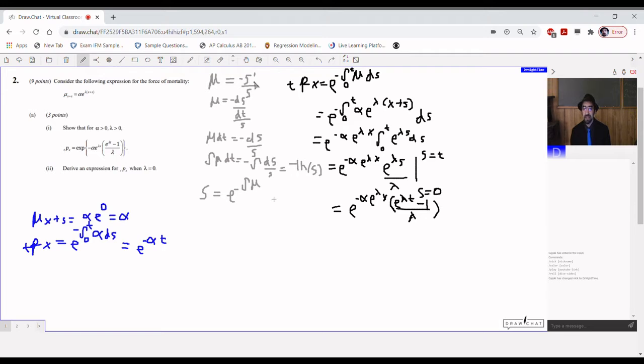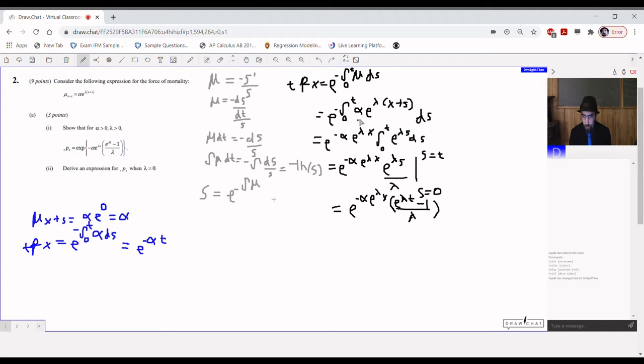Definition of mortality equals rate of decrease of survival divided by the number that have survived up to that point, and using some basic differential equations that you might have seen in AP calculus, you get mu equals negative ds dt over s, so mu dt equals negative ds over s. Integrate both sides. The integral of ds over s is natural log of s, so you get the integral of mu dt equals negative ln s, e to both sides, and you get s equals e to the negative antiderivative of mu.